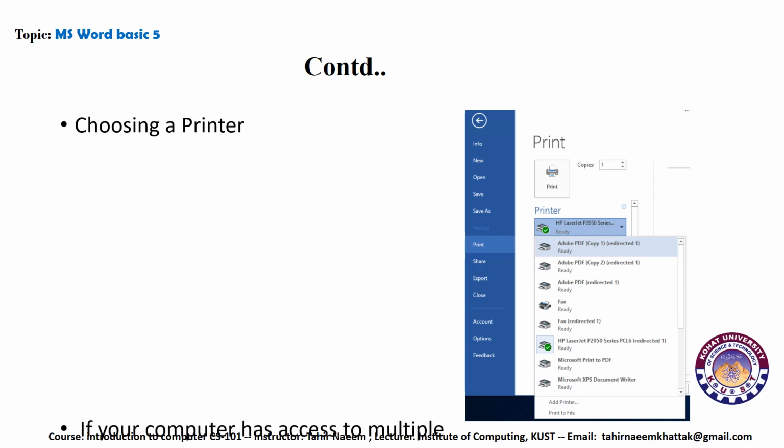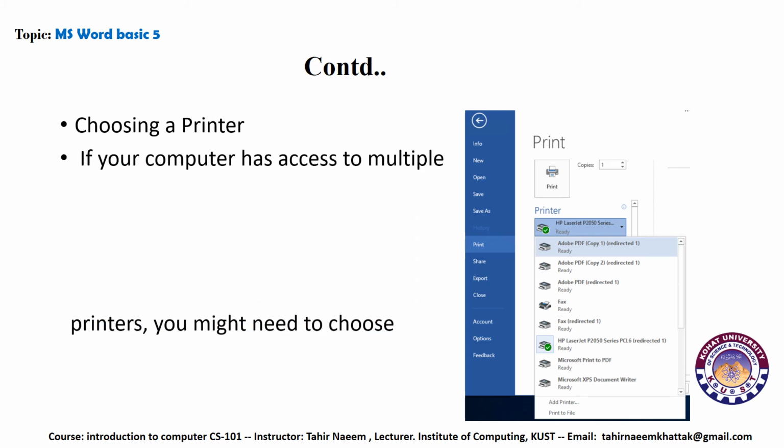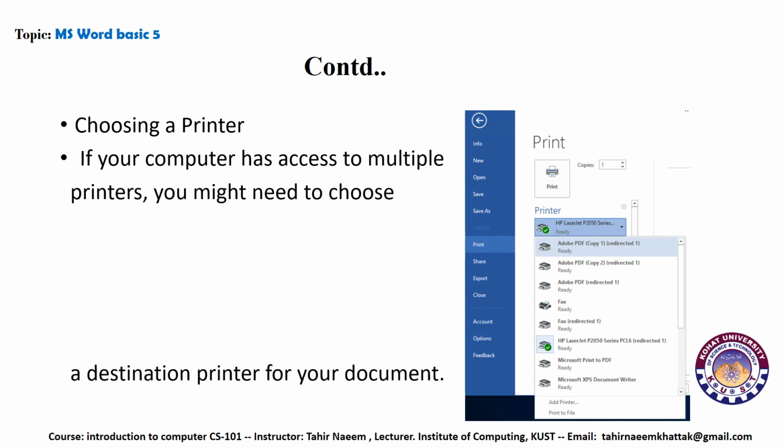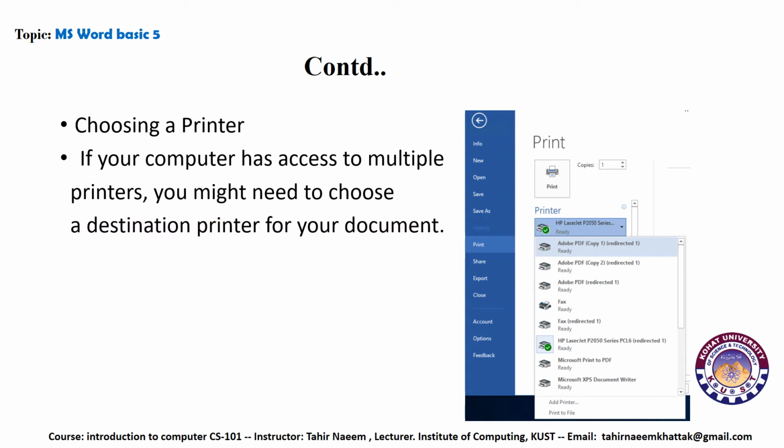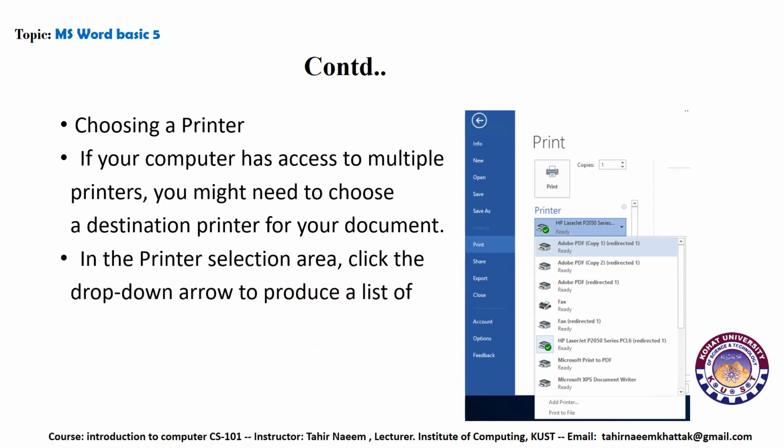Choosing a printer. If your computer has access to multiple printers, you might need to choose a destination printer for your document. In the printer selection area, click the drop-down menu to produce a list of all printers connected to your computer. So here is the list of printers. As you can see, HP LaserJet P2050 series is my default printer, and there is a list of printers which I have installed on my PC, or which may be connected on the network.